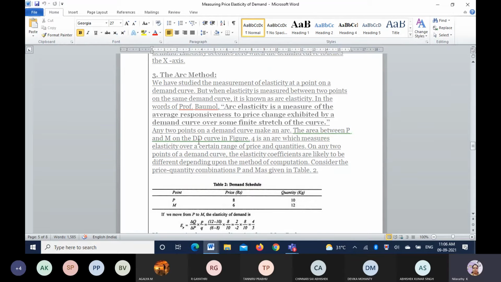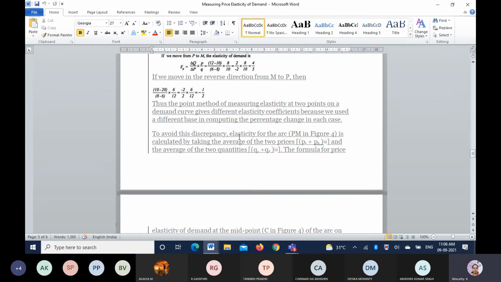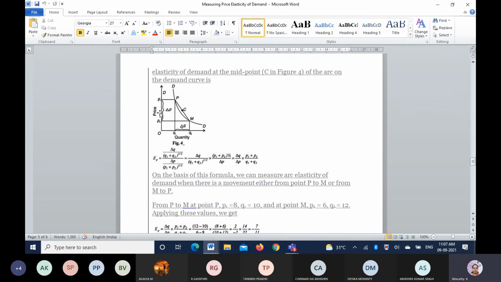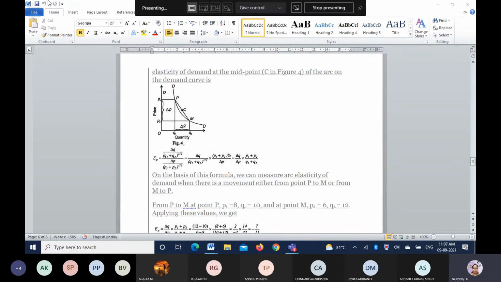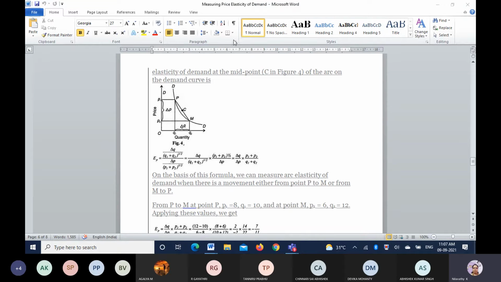Why? Because this is a diagram, no? BD is a downward sloping demand curve, and the arc is PM. According to the economists, you will not get a particular point. Why? Because the demand curve is a sloping curve, actually it is not a line.